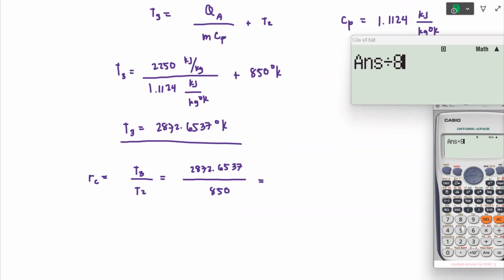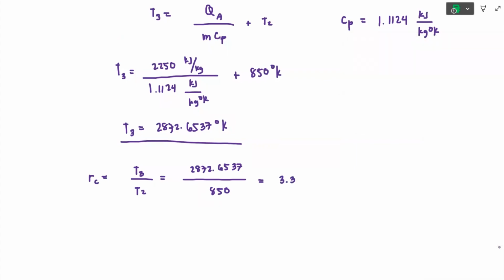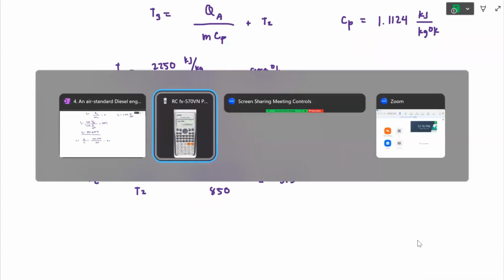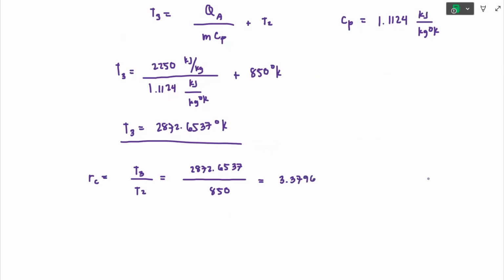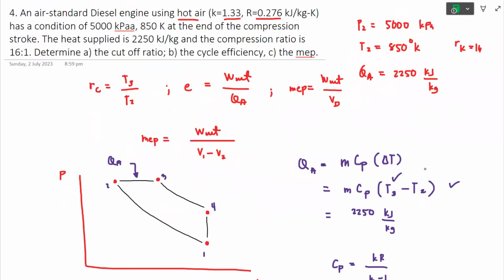RC is solvable. 3.3796. RC, ay cut-off ratio. Check.